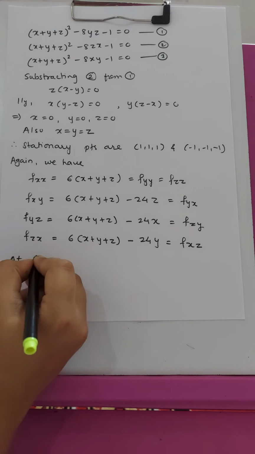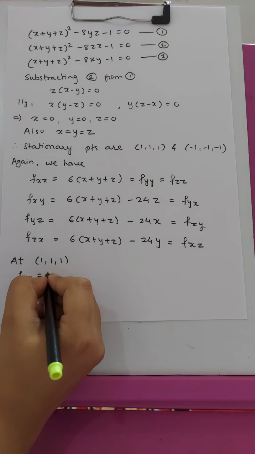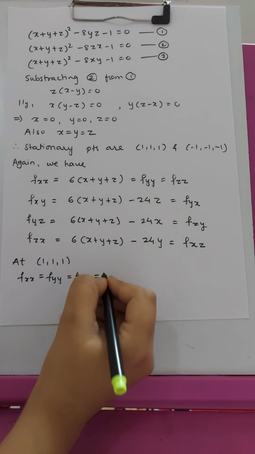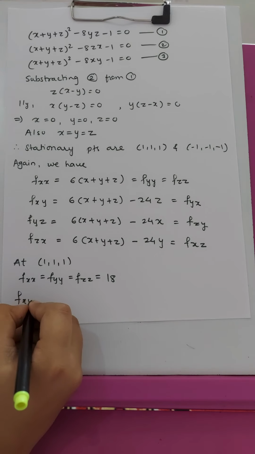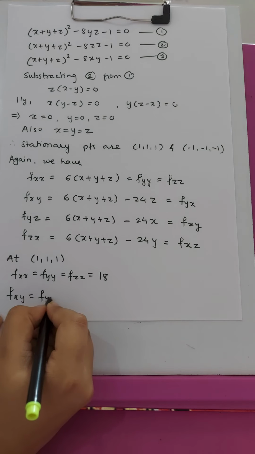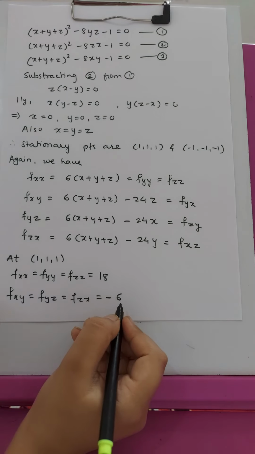Now at point (1, 1, 1), f xx is equal to f yy is equal to f zz is equal to 18, and f xy is equal to f yz is equal to f zx is equal to −6.